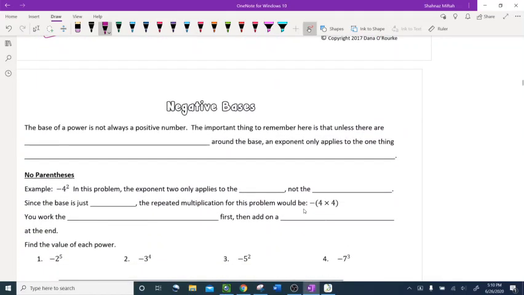Okay, let's talk about negative bases. This is the most important one in exponents. The base of a power is not always a positive number.